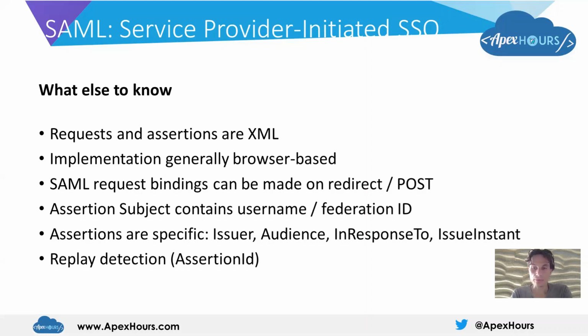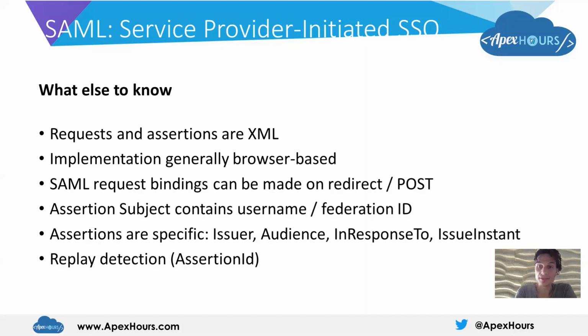This is also useful because it shouldn't be possible to use an assertion with an in response to in a context where a request hasn't been made. So these assertions can't be used to simulate an identity provider initiated flow, for example.